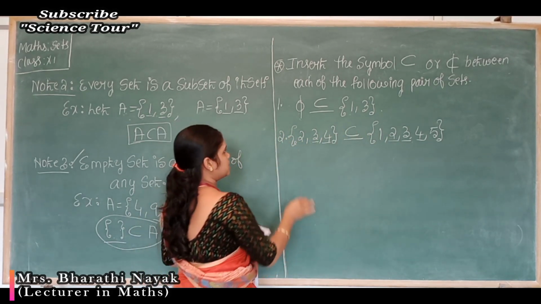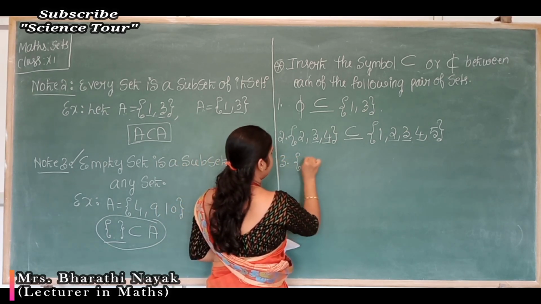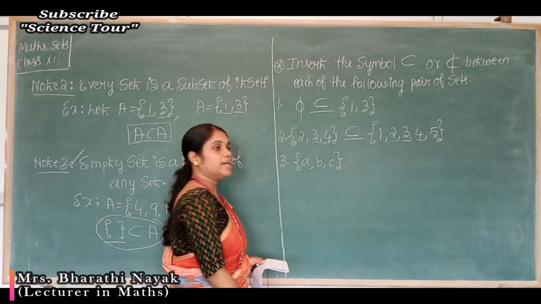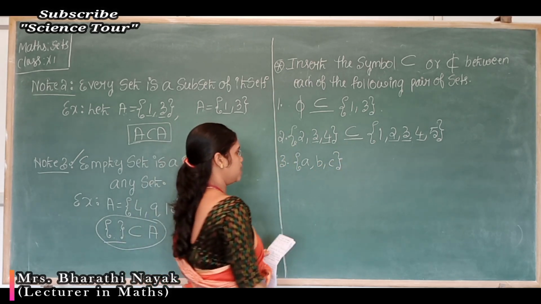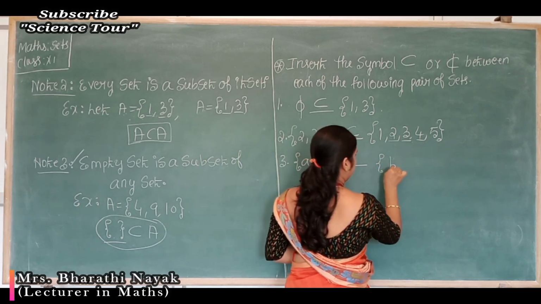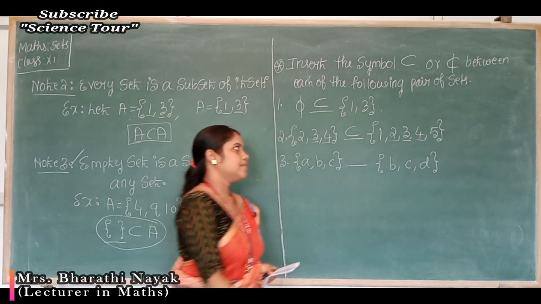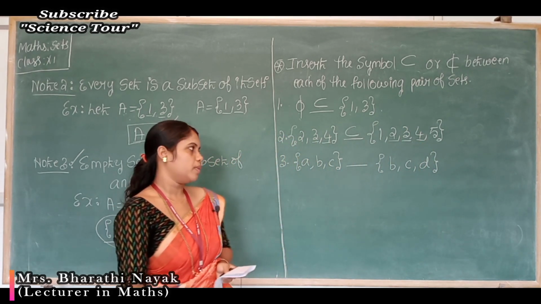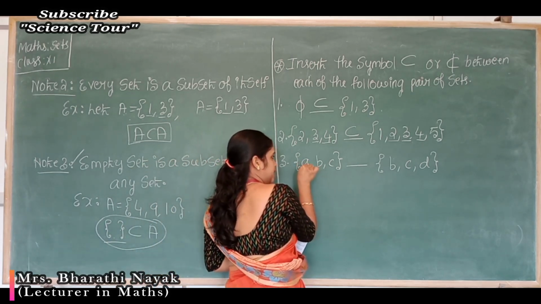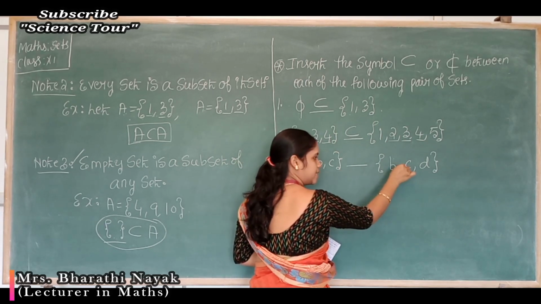Okay, so next third question I will consider. Set containing a, b, c dash set containing b, c, d. Okay, now compare. The first element is a. Do you have that element a in the second set?